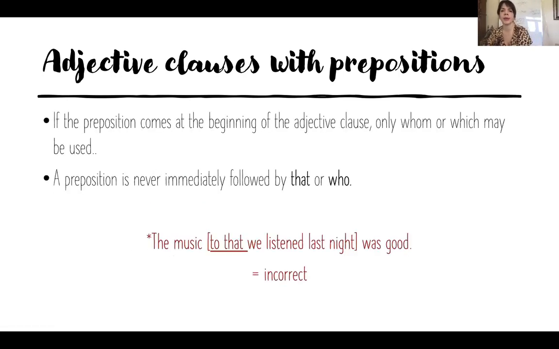If the preposition comes at the beginning of the adjective clause, only whom or which may be used, and that's a rule. A preposition is never immediately followed by that or who. So you can never have "the music to that we listened last night was good." At the beginning, a preposition can only combine with whom or which, but not with that or who.